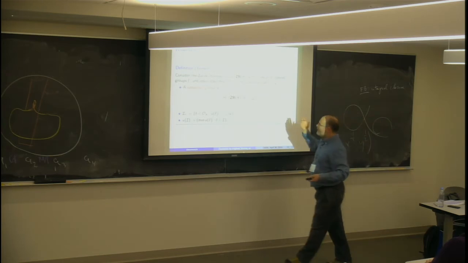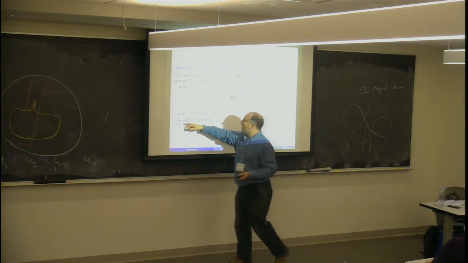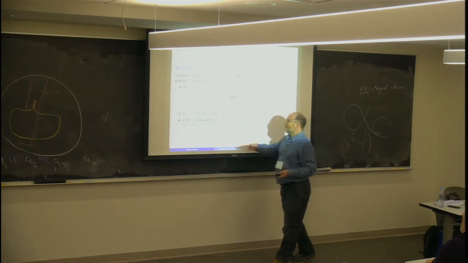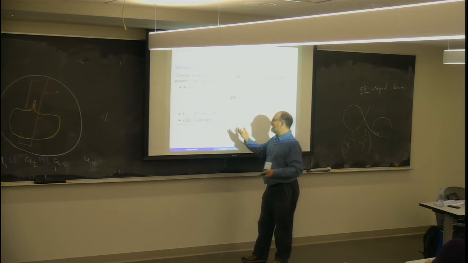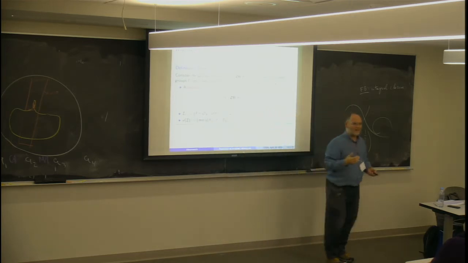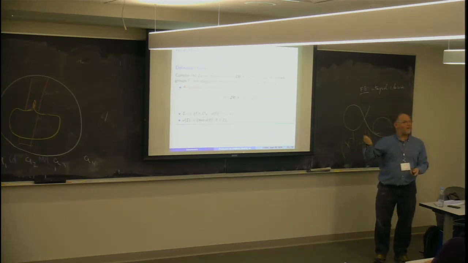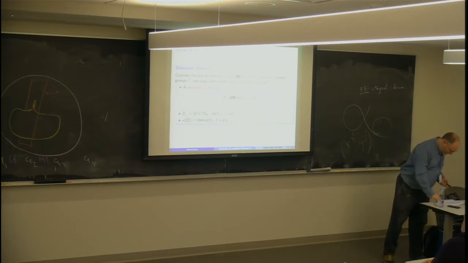And if you have, on the other hand, an ideal, you can take its image here, which for each valuation gives you the minimum of V of f as f runs over I. This minimum is always defined because you're taking an infimum over finitely many elements.